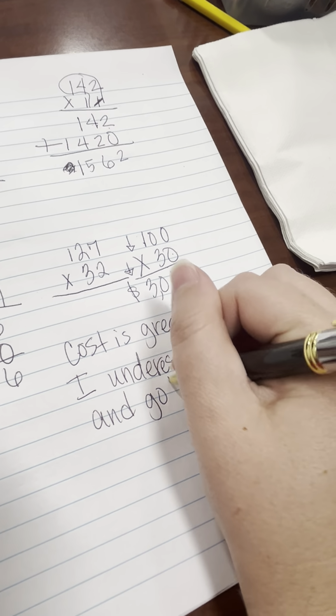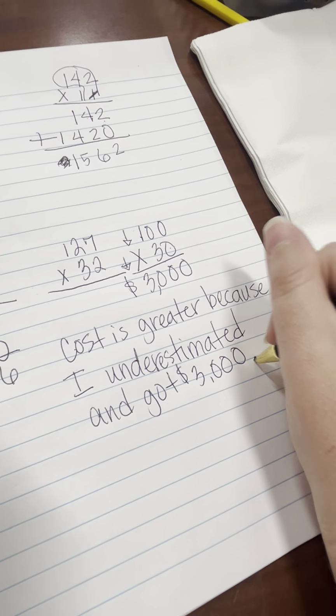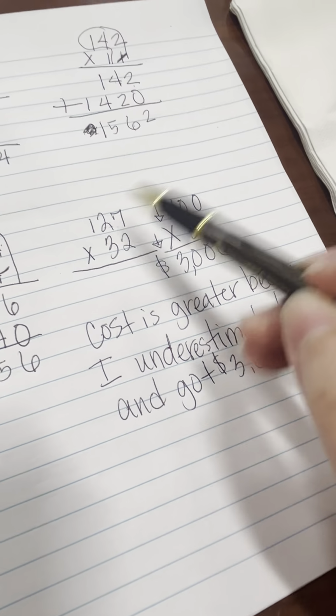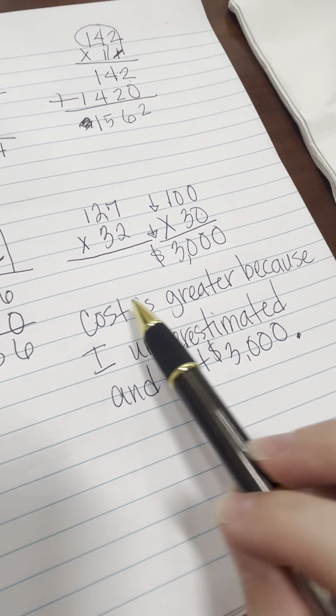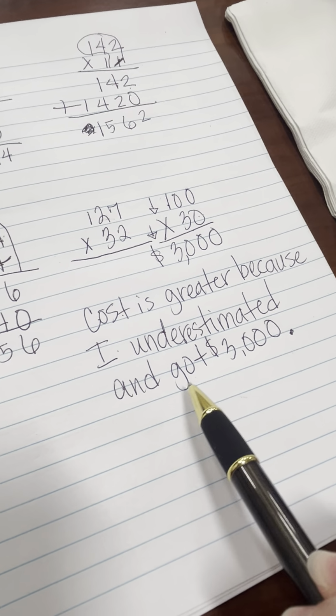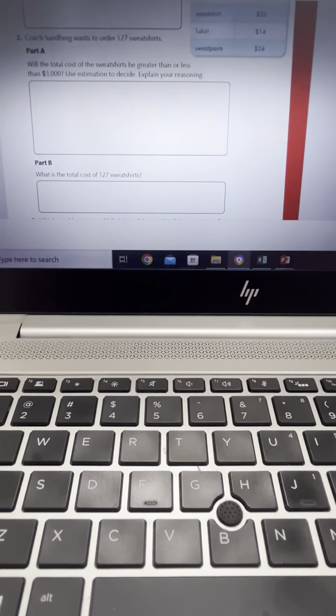And got 3,000. So if I underestimated and I got the number, I know it's going to be more. Okay, because I still have 27 here and 2 here that I didn't even get to. So the cost is greater because I underestimated. If I overestimated, that would change. Okay? Next, what is the total cost?